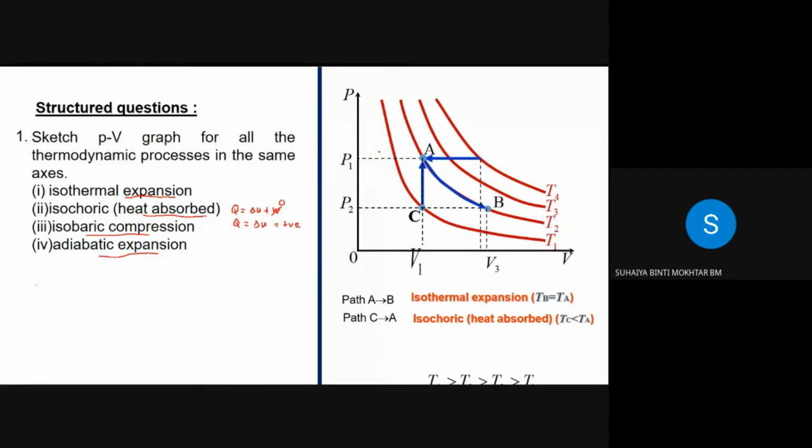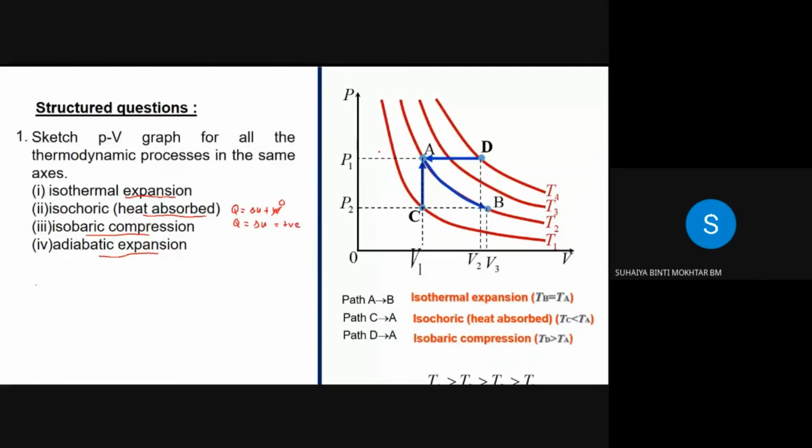Okay, asalkan tunjukkan dia compress. Okay, so volume point initial position is point D on graph here. Final is point A. So volume point D is V2. Okay, so volume point A is V1. So mean that volume ke decrease. Temperature point D is greater than temperature at point A.